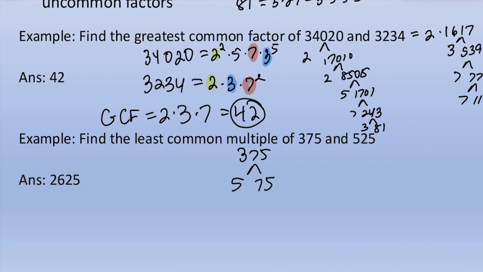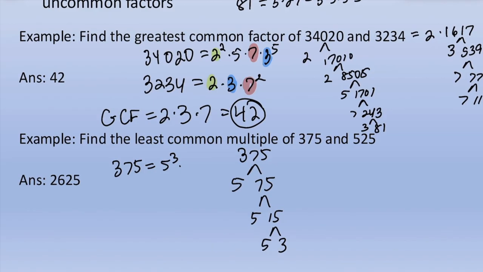So divide by 5 again, and you get 5 times 15, which still ends in 5. So divide by 5 again, and you get 5 times 3. Okay, so I know that 375 is 5 to the third power times 3.